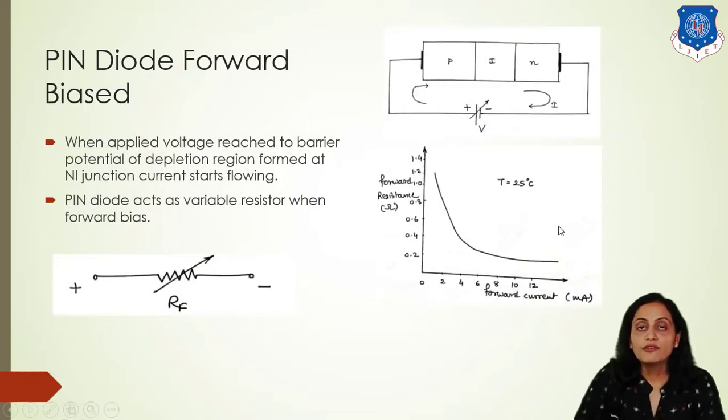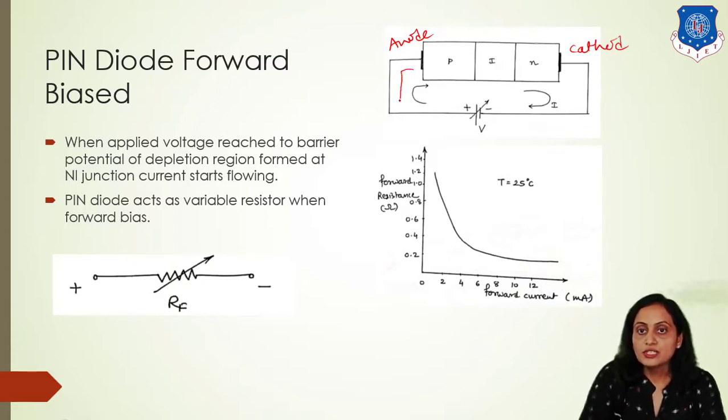Now we will see if we apply forward bias to the PIN diode, then what happens. You can see this is the p side, so this is the anode terminal, and this is the n side, so this is the cathode terminal, and we are applying positive of the battery to the p side and negative of the battery to the n side.